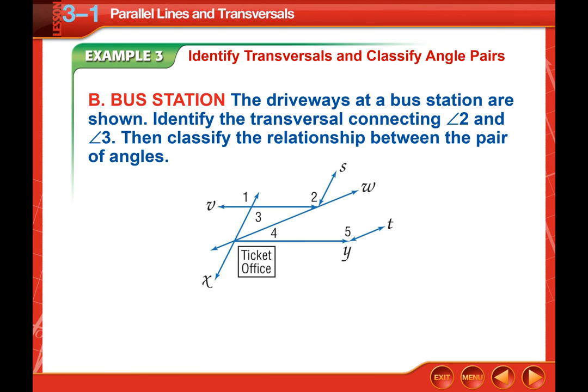Okay, identify the transversal that connects 3 and 4. Okay, here's angle 3 and angle 4. Angle 3 is really this angle right here. Angle 4 is this angle right here.